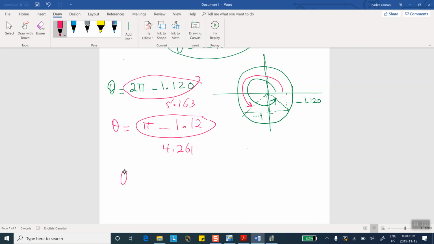So I found two angles. One of them is 4.261. The other one is theta equal to 5.163.